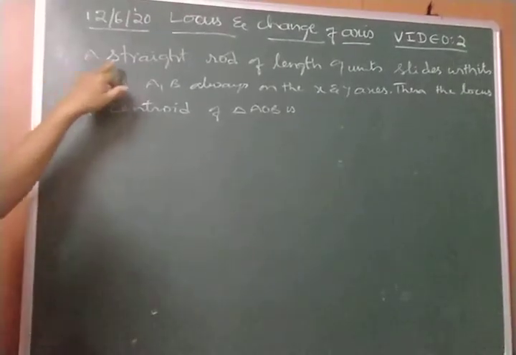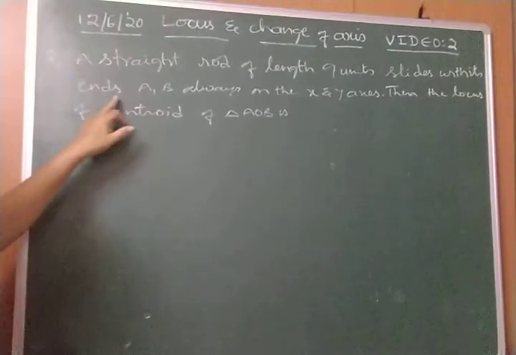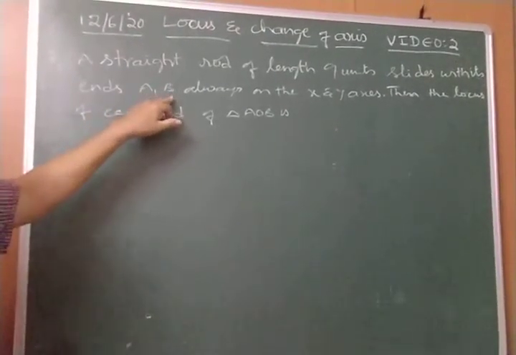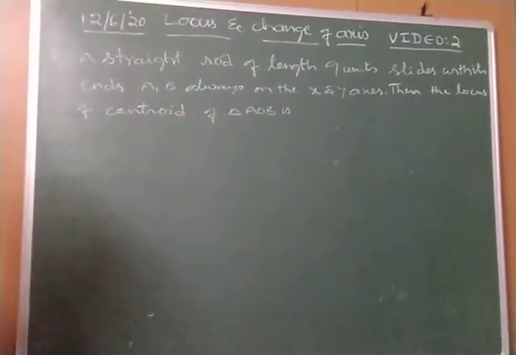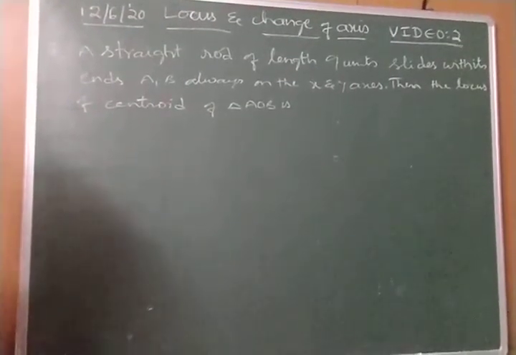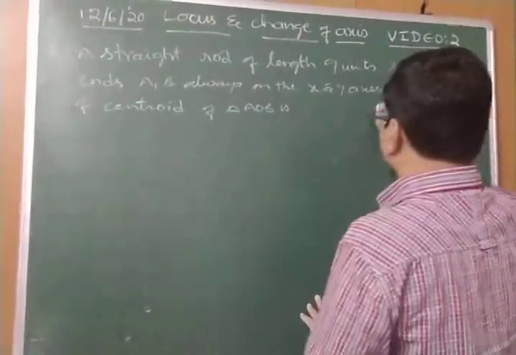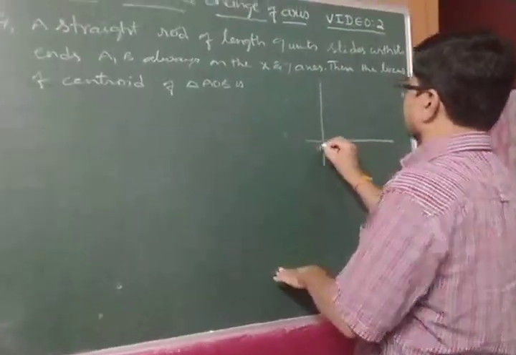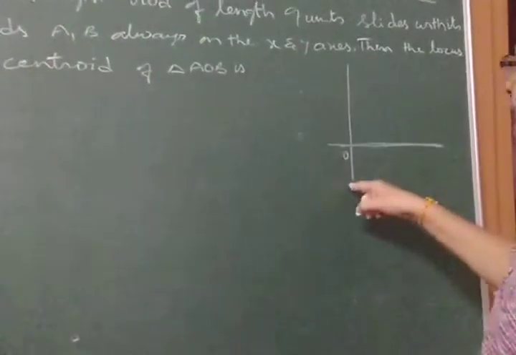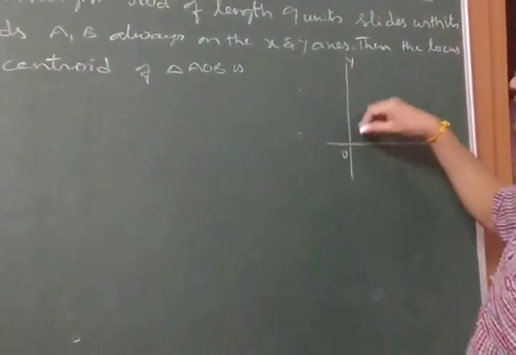7. A straight rod of length 9 units slides with its ends A and B always on the x and y axes. Then the locus of the centroid of triangle AOB is. Now we take the coordinate axes. Here the two mutually perpendicular lines are the x axis and the y axis.